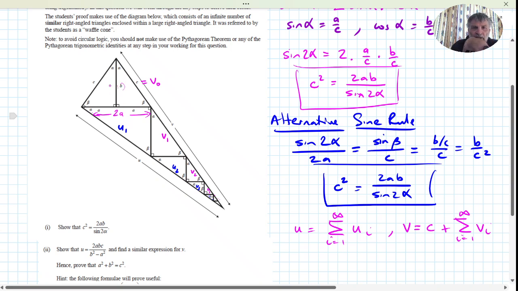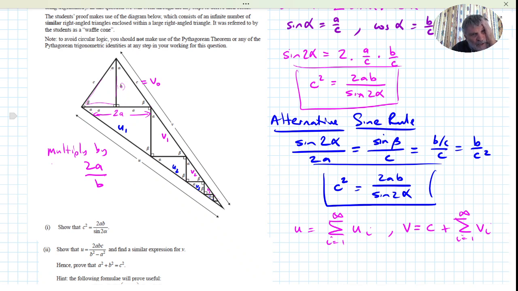So to get from this triangle to this one, we start with b and we want to get to 2a. We multiply by 2a and divide by b to get this length here. So there's obviously a scale factor.